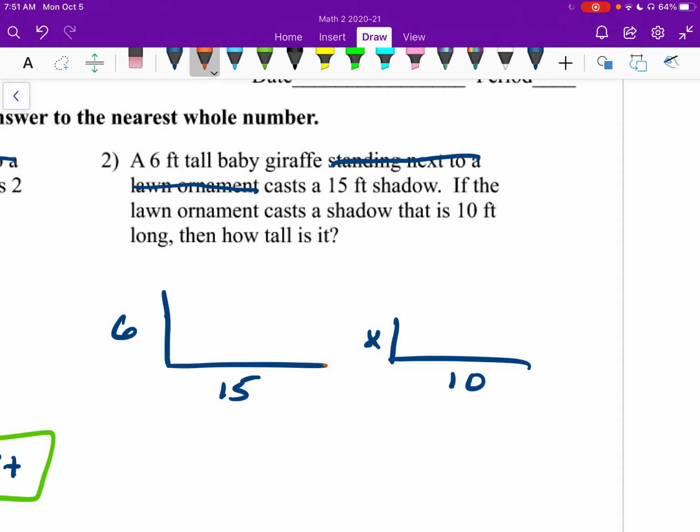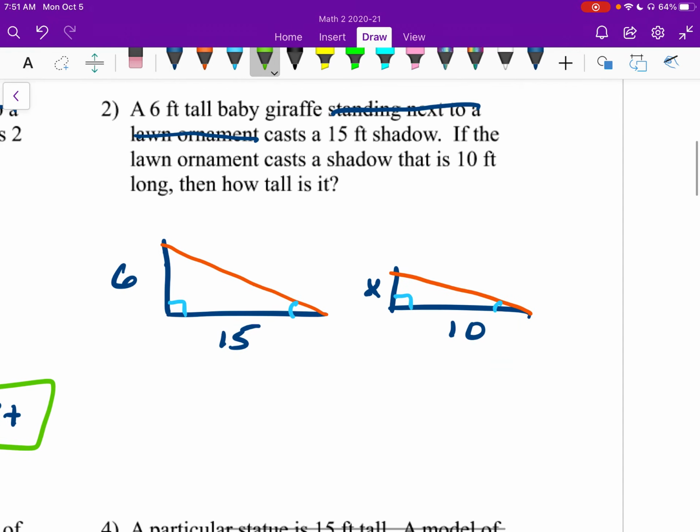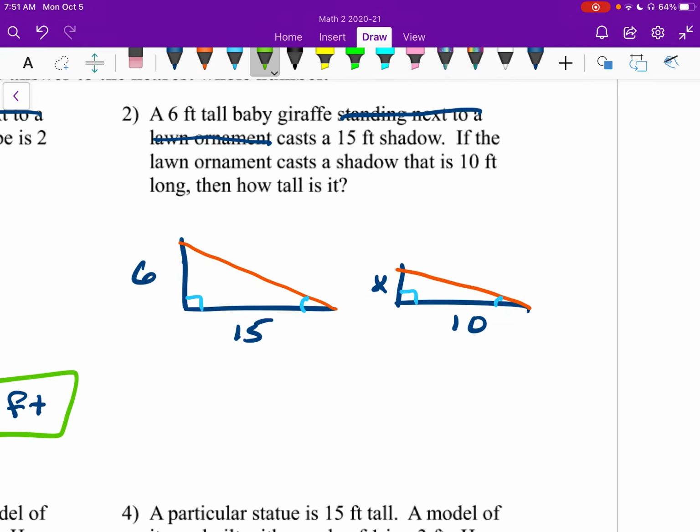So again, we have our triangles here. We know that these angles here would be the same because they have the sun rays there, and that these angles would be the same because they're standing upright. So again, we're going to write our fractions. I'm going to start off with my x, and x would correspond with 6, and then 10 would correspond with 15.